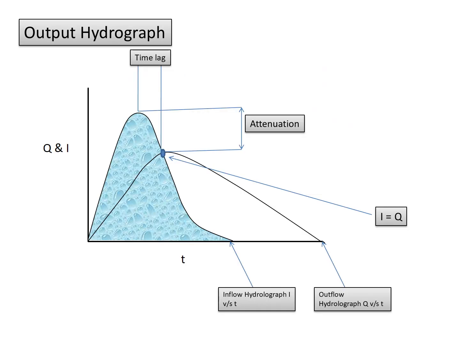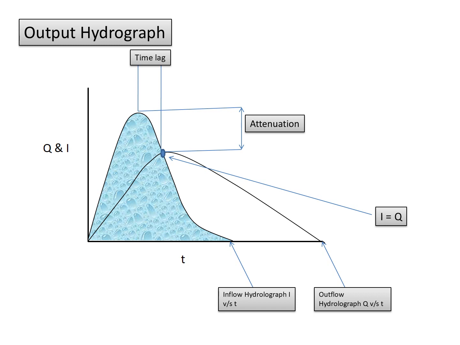So by calculating the parameters of Q and S associated with the different time intervals, we can draw a graph of the discharge of water from the reservoir, that is Q, for the different time intervals.